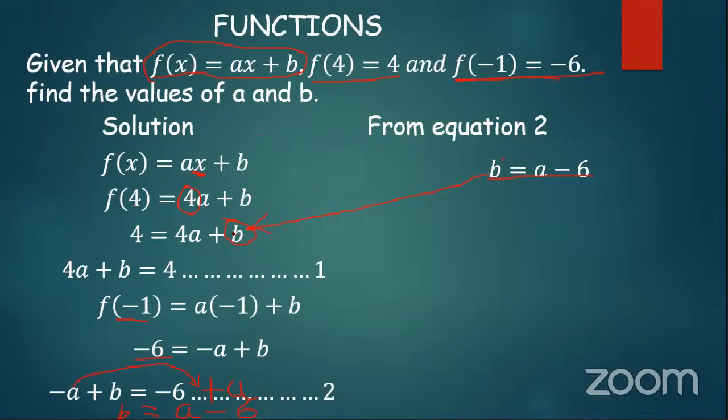So where there is B, I'm going to substitute there A minus 6. And that will give me 4A plus B, where there is a B, I've substituted A minus 6, and is equal to 4.